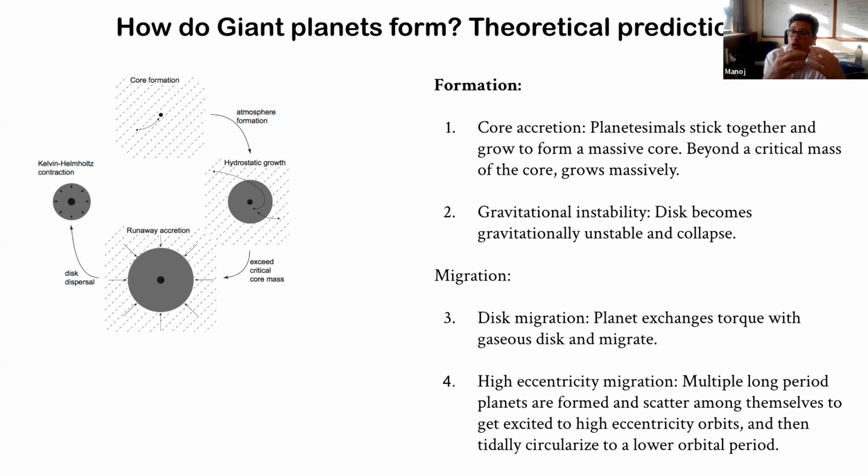These are so close to the star that, if you work out the equilibrium temperature, it will be in excess of 1,000 or sometimes even 2,000 Kelvin. So these are really hot Jupiters. Such a class of objects were generally called hot Jupiters, and they are very close to the central star.